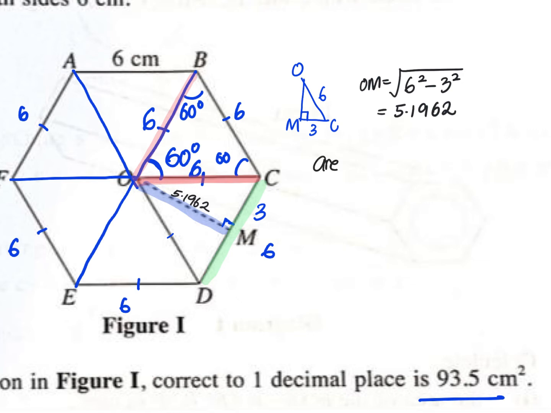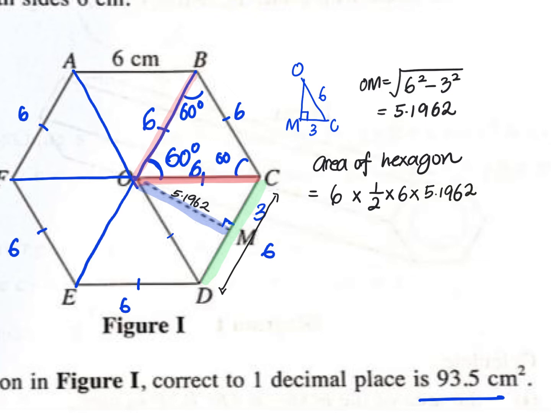So the area of the hexagon will be equal to, there are 6 equivalent triangles, so 6 times half times base, the green one, which is 6 cm, times the perpendicular height we found, 5.1962.